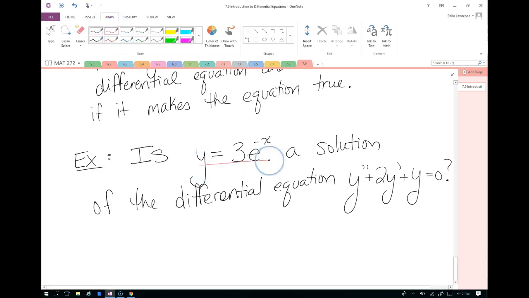So this is our potential solution. This might be the answer to this differential equation.